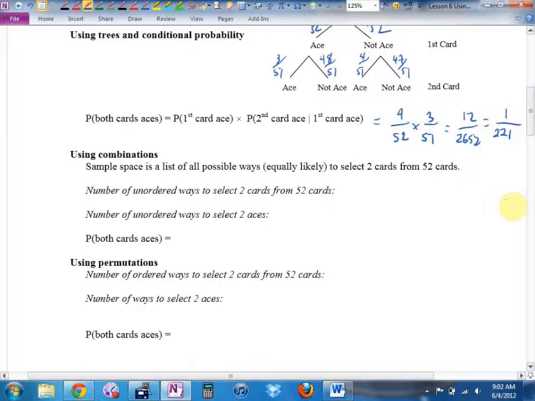One way to do this would be to use combinations. Would be to say, you know what? Here's my bucket. And in the bucket we have aces and not aces. How many aces are there in the deck? How many non-aces are there in the deck?